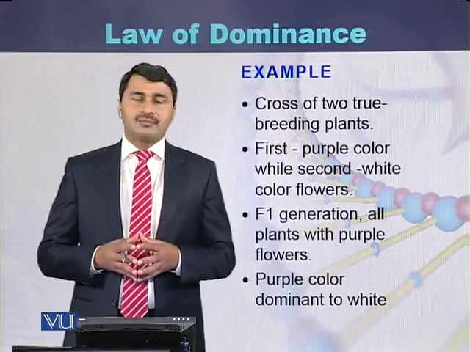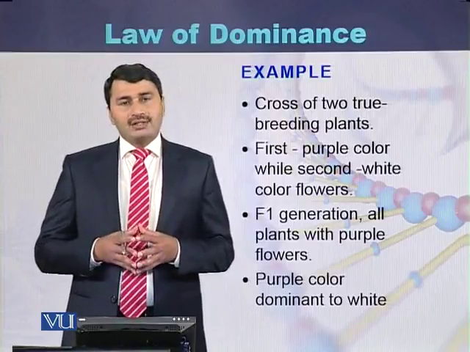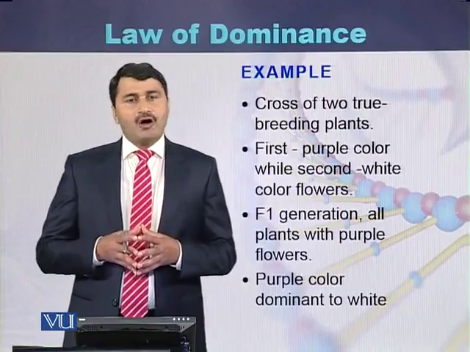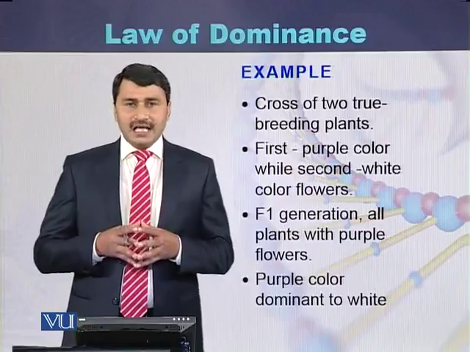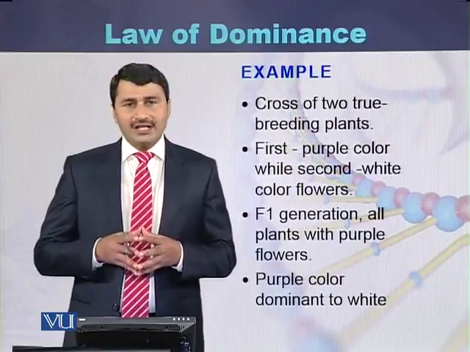If we take an example for the law of dominance, there are two plants. The first plant produces flowers of purple color, while the second plant produces flowers of white color.